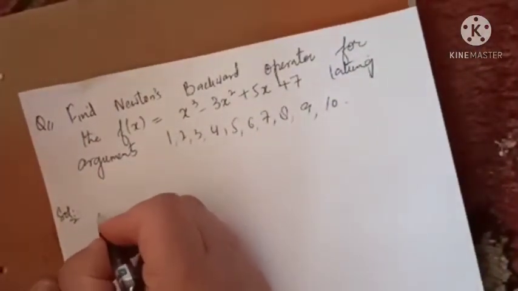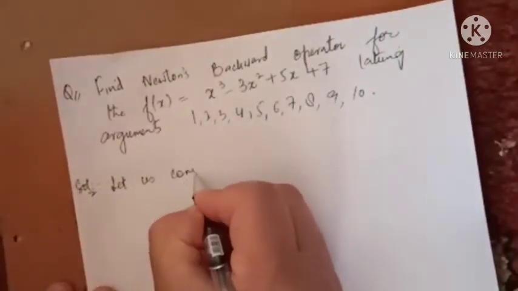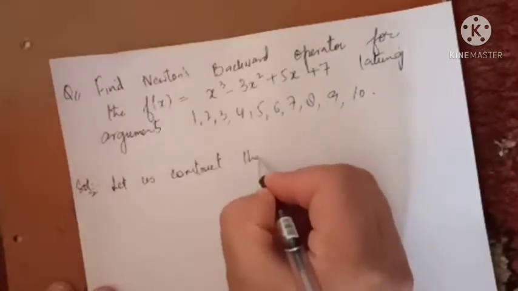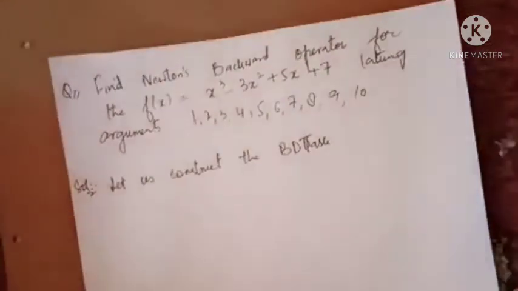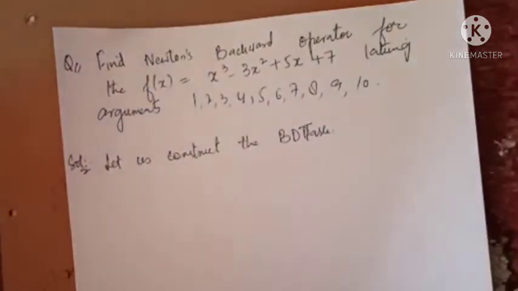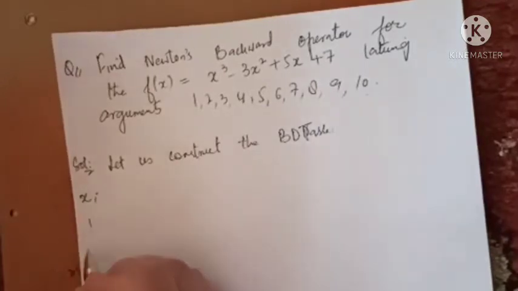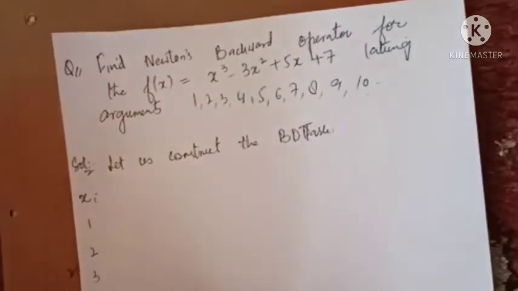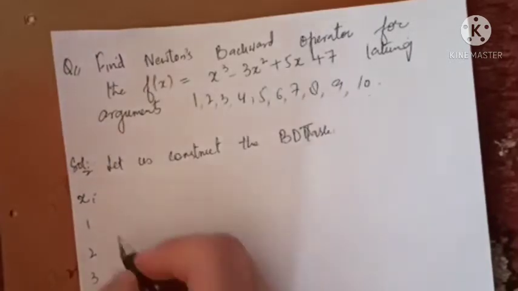So firstly let us construct the backward difference table. How many data points are we having? 10 data points. So x i is 1, 2, 3, 4, 5, 6, 7, 8, 9 and 10.